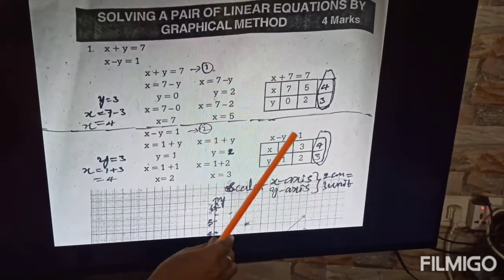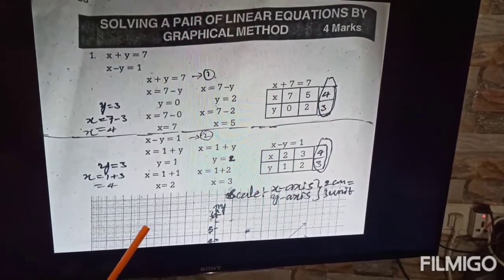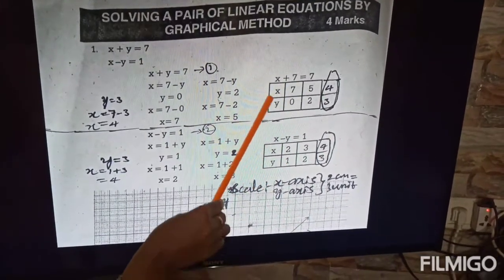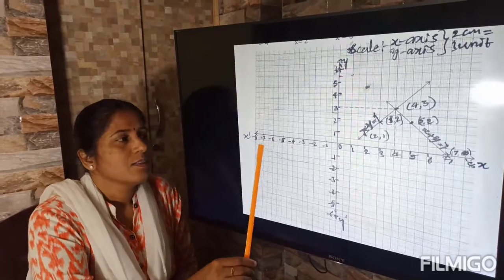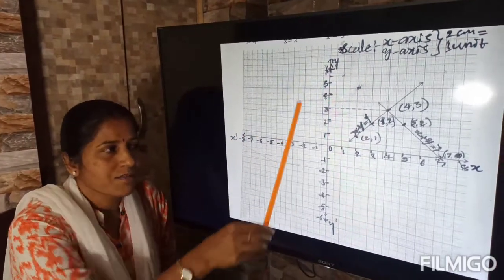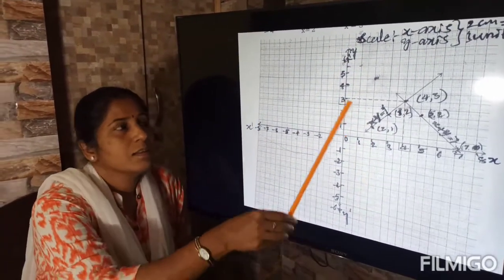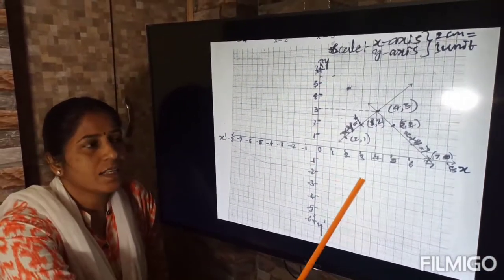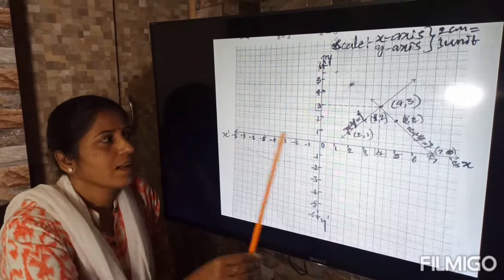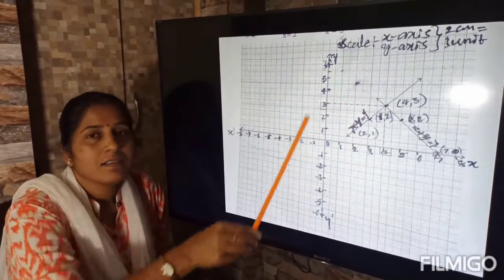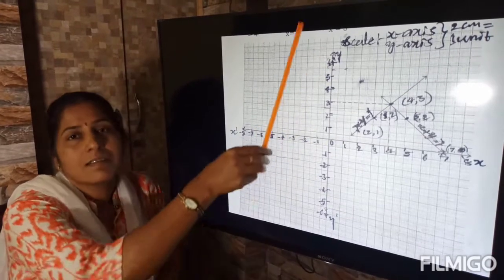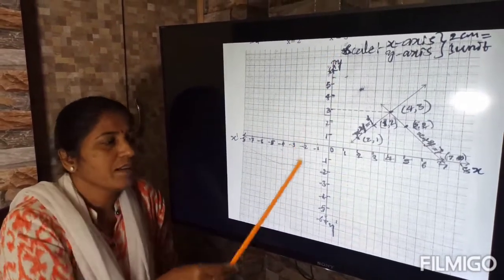Okay. Now we have to plot the graph by using these two tables. Students, on the graph sheet, I have to draw two lines. One is a horizontal line, that is x, x dash, and in the middle, one vertical line, that is y, y dash.